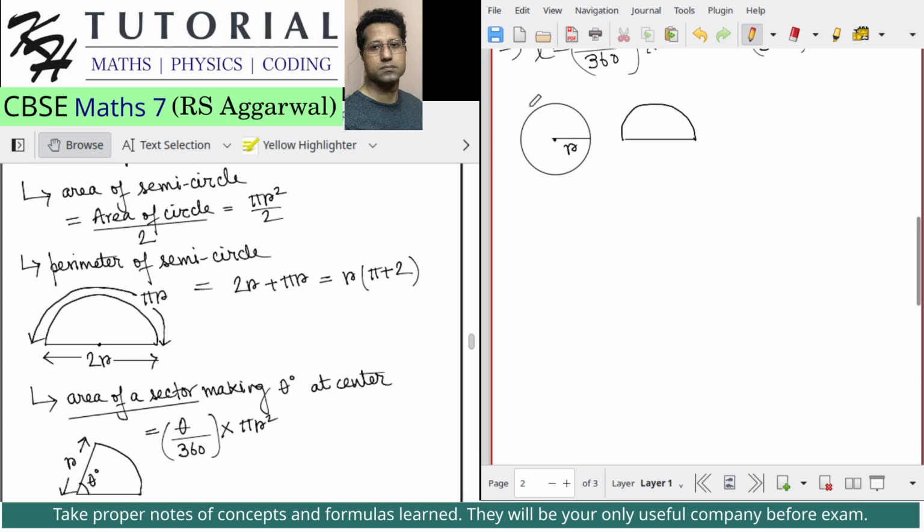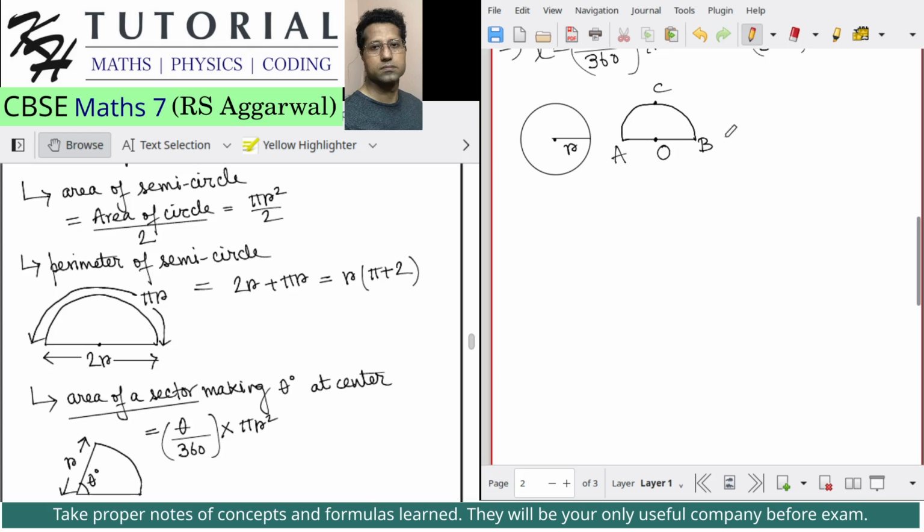So if you divide the circle in two halves, then one half is known as a semicircle. So let's say A, B, and let's say one point C. So ABC is a semicircle centered at the point O.